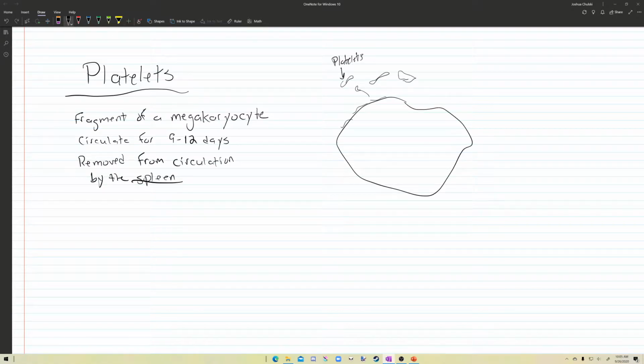Okay, so we've seen there are two structures of the blood that are removed by the spleen. And also remember red blood cells. Red blood cells will also be removed by the spleen as well.